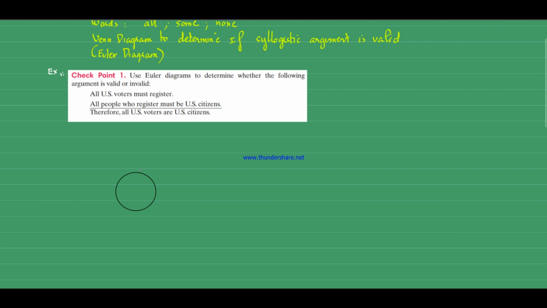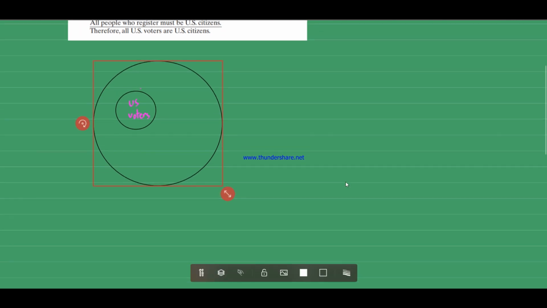This one, U.S. voter. Then let's draw another one that is register. Okay, this is register. That's big enough.